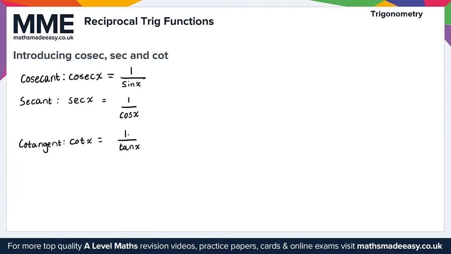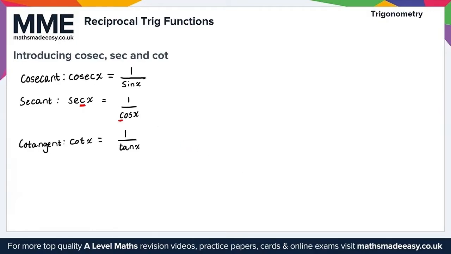Okay, so how do we remember, for example, that sec x is 1 over cos x? Well, we have a little trick here that we can use, and that's to take a look at the third letter of each of these three functions. So for sec x, the third letter is the C, and that corresponds to cos. So that's how we know it's 1 over cos x.